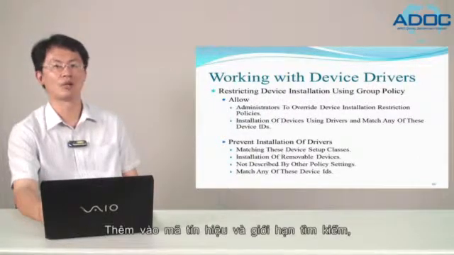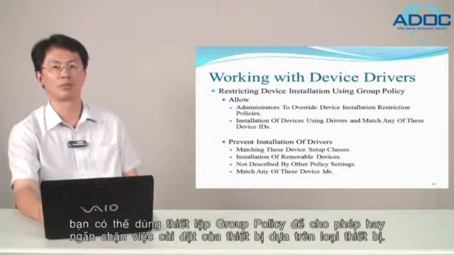In addition to code signing and search restrictions, you can use group policy settings to allow or prevent installations of devices based on the device type.